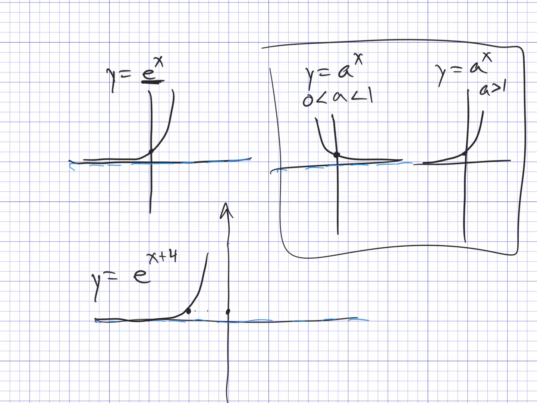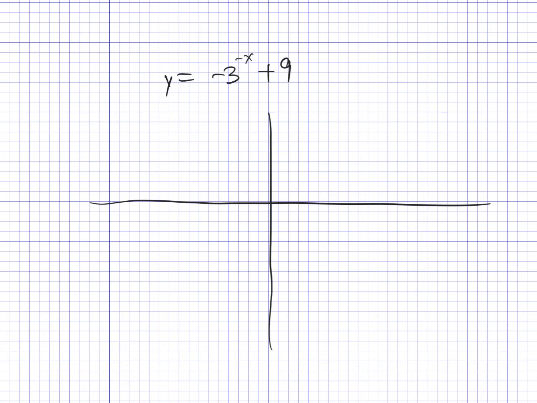All right, let's do this again. Remember your parent functions. Let's do something different: y equals -3 to the negative x plus 9. Here's what I'm talking about. What I see is a is bigger than 1, so it's going to go up to the right.